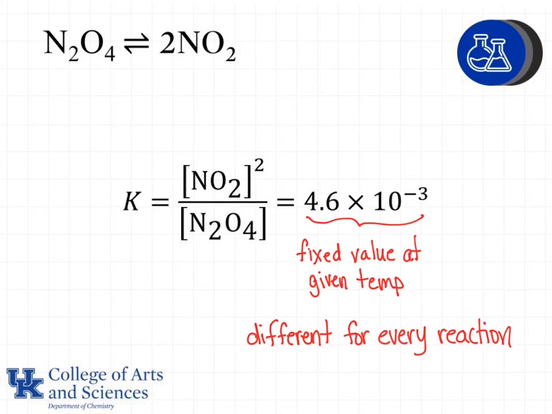So we would say this reaction favors the reactants because we have more reactants than products. For a reaction where the K value is greater than 1, that tells us that the numerator is greater than the denominator, which means there are more products than there are reactants.